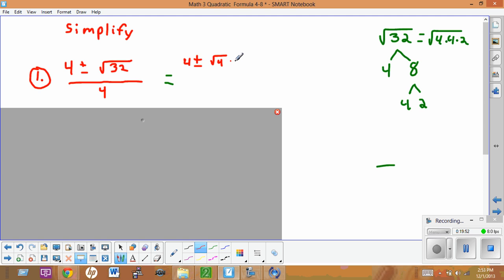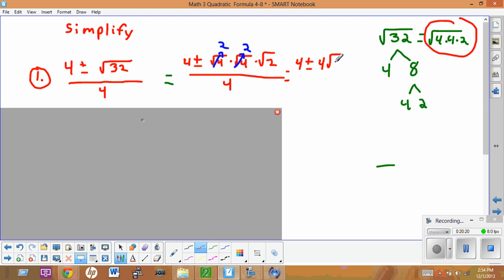So all we did is we took the square root of each piece. That's a property of radicals. And to simplify that, we know the square root of 4 is 2, square root of 4 is 2, so this is actually equal to 4 plus or minus 2 times 2 is 4 times the square root of 2, all divided by 4. So what we did is we square rooted the radical first.